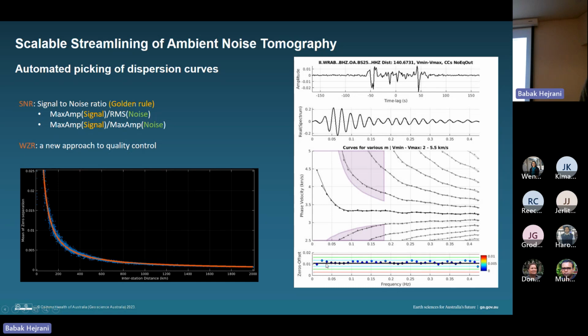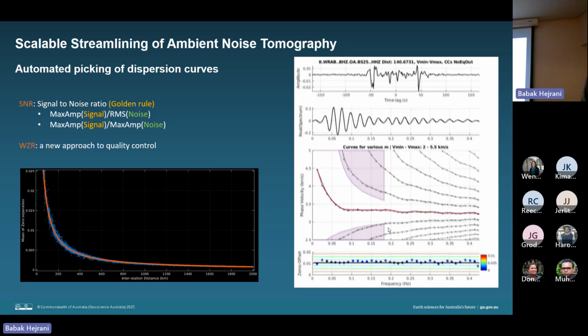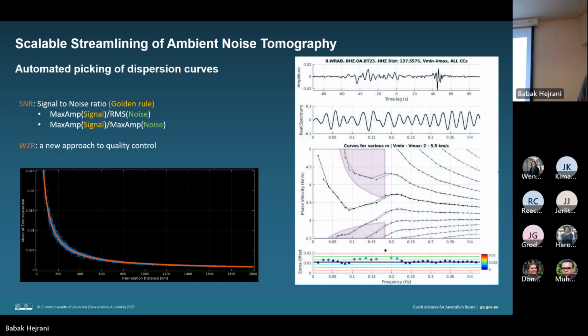And then I plot the zero separation in these waveforms on top of this. So you can see when the zeros are very close to this theoretical value that I can get from this graph, I have a very clear dispersion curve. But in the other example, these bumps, these changes in the velocity that are unrealistic, occur when we have a deviation: we're missing a zero, or the zero is misplaced.